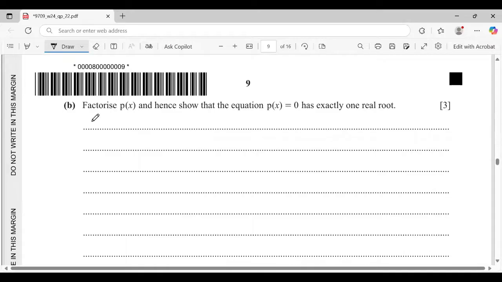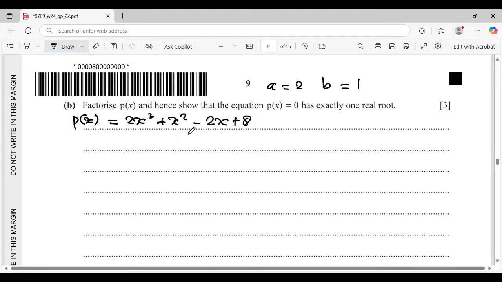Substituting from the previous solution, a equals 2 and b equals 1 into the polynomial, P(x) equals 2x cubed plus x squared minus 2x plus 8.